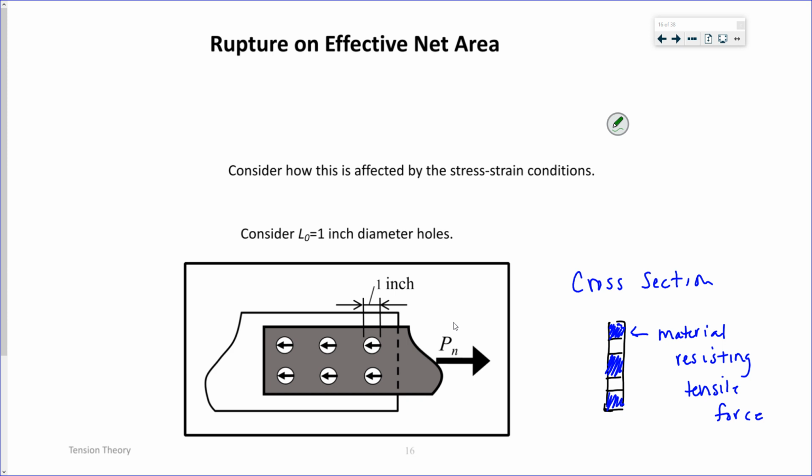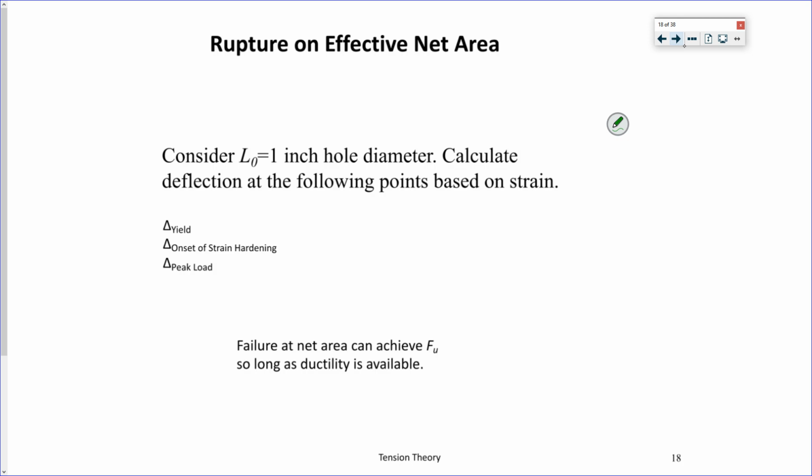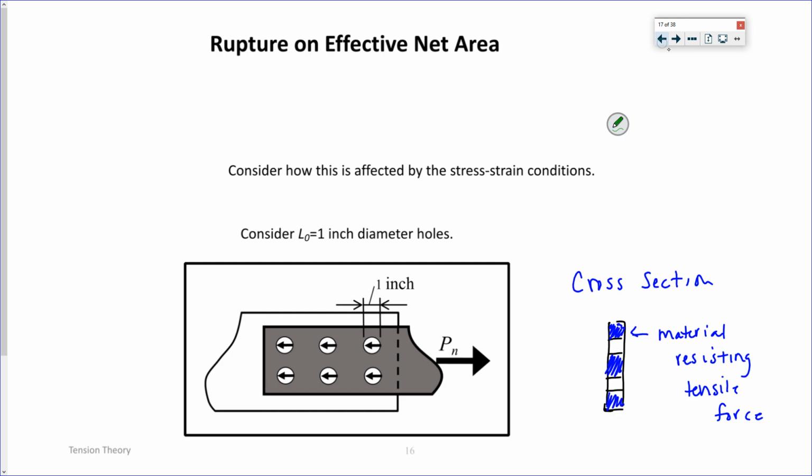So now we talked about 100 inches. What if I have to calculate the strain? I have the same stress-strain curve. Now instead of calculating it over 100 inches, let's calculate it over a length of just that 1 inch, where I have the reduced cross section.